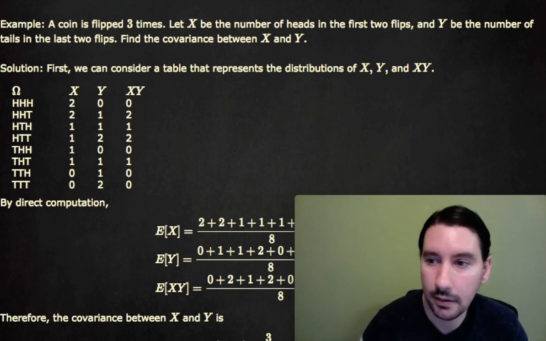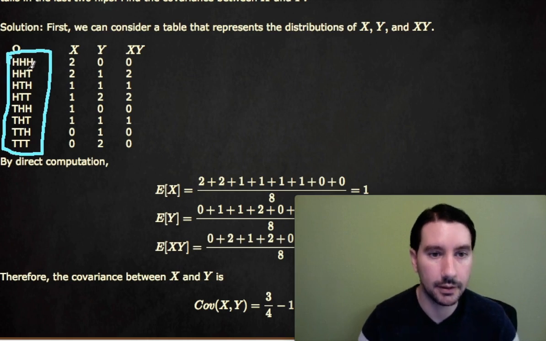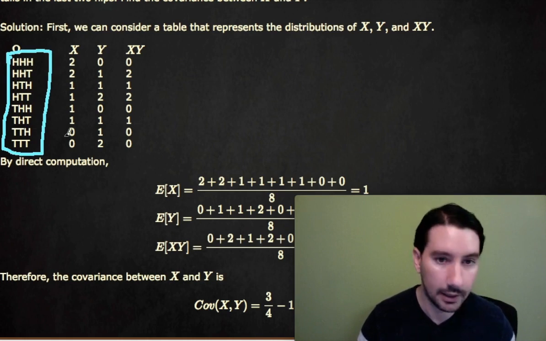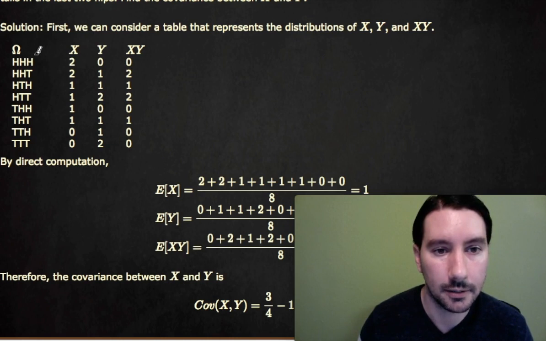So let's look at the sample space and all possible points. Here's the sample space of outcomes of 3 flips. There's heads, heads, tails, heads, heads, heads, heads, tails, tails, and so on. In each row, I've written what value X and Y will be. In this first row, 3 heads are flipped, which means that X would be 2 and Y would be 0.